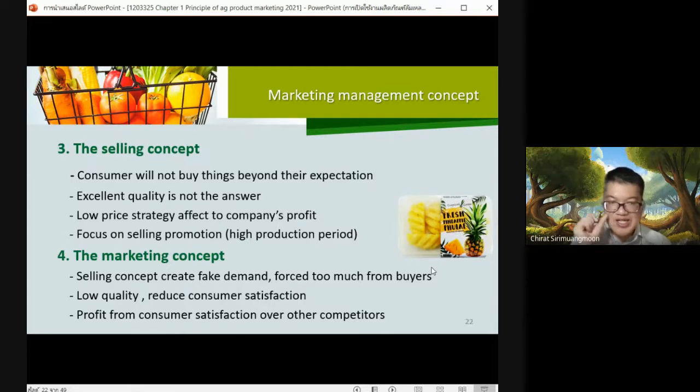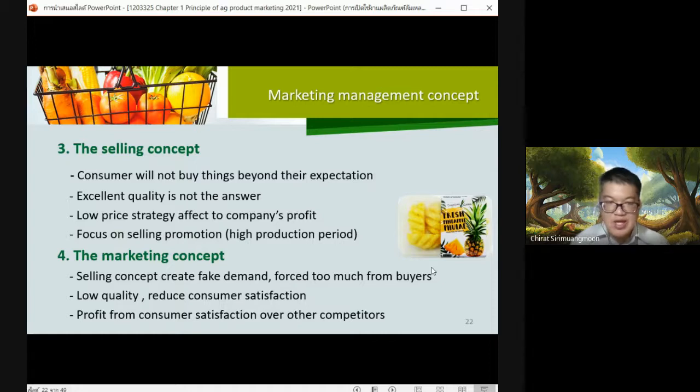They said the marketing concept does not agree with applying the selling concept because it's not the real demand, it's not the real want. So low quality reduces consumer satisfaction as well, because sometimes some products have low quality and the consumer will not be happy. So they said marketing concept should focus on consumer satisfaction over the other competitions.